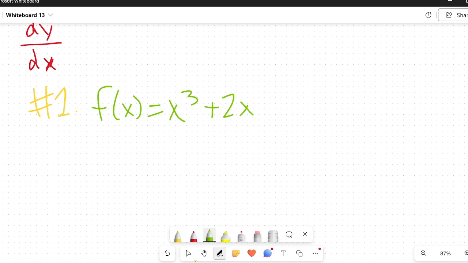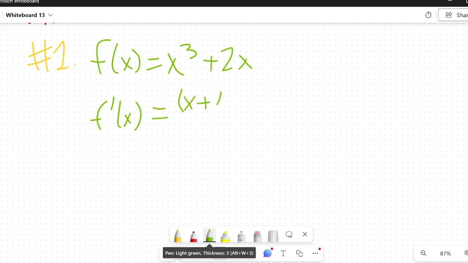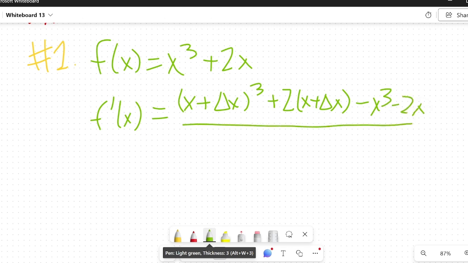So essentially what we would have to do is use the limit process. So we know that f prime of x will be equal to f of x plus delta x, so it'll be equal to (x plus delta x) to the 3 plus 2 times (x plus delta x) minus x cubed minus 2x, because we had to subtract f of x, all over delta x.